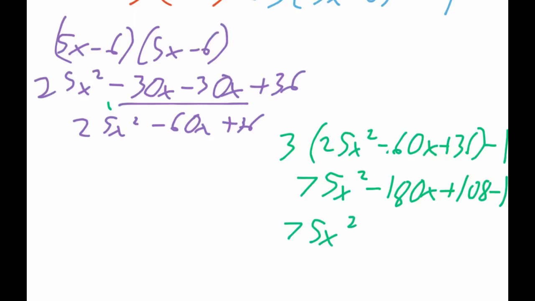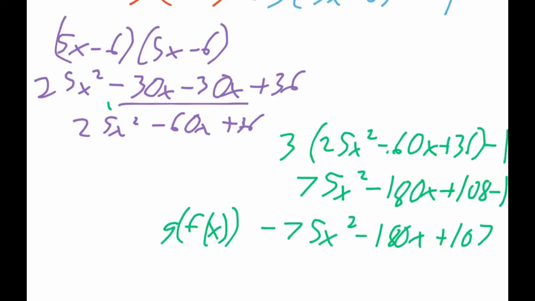So when I finally subtract the 1 off, I get my answer for g of f of x equaling 75x squared minus 180x plus 107.